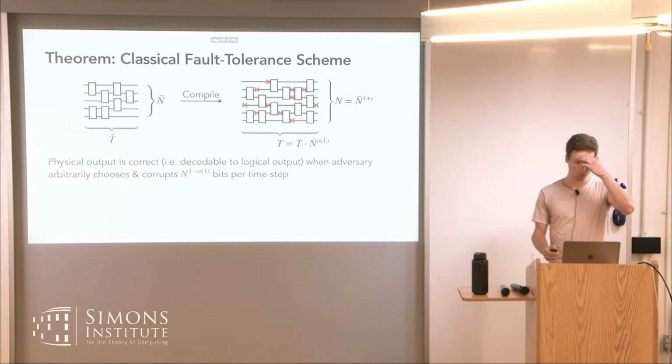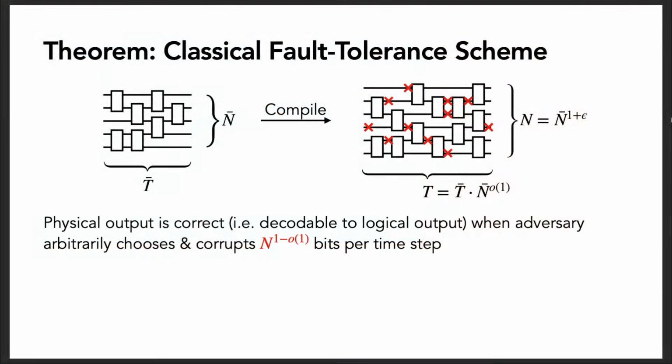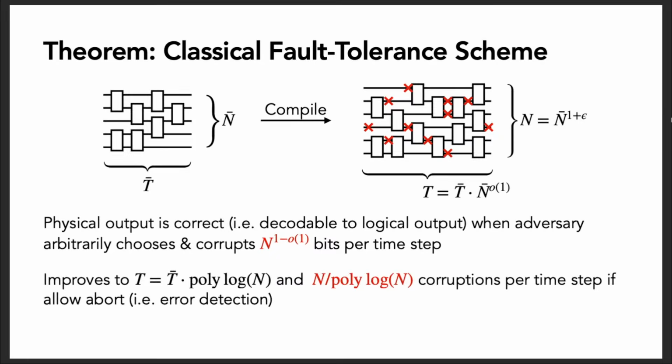So, if you haven't seen fault-tolerant computation before, this might just look like an arbitrary result. It might be a little unclear how strong this result is, if we should expect it to be true or not. So maybe just to give some context, if we tweak the model a little bit, like we allow ourselves to abort if we detect too many errors, but roughly keep the result the same, we can improve this n to the little o of 1 down to just a polylog loss.